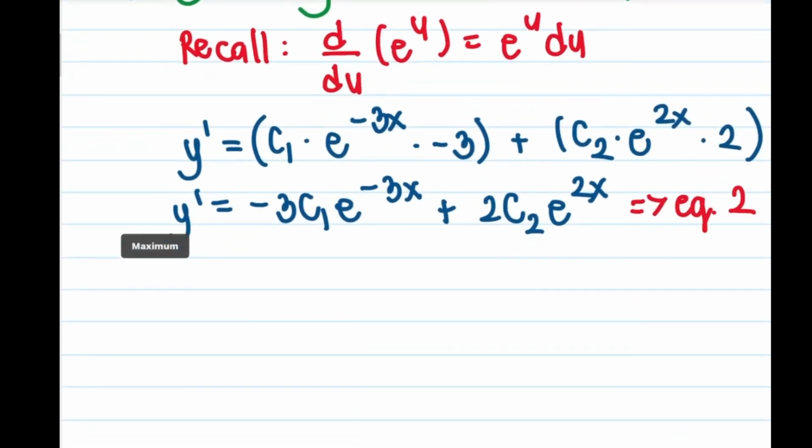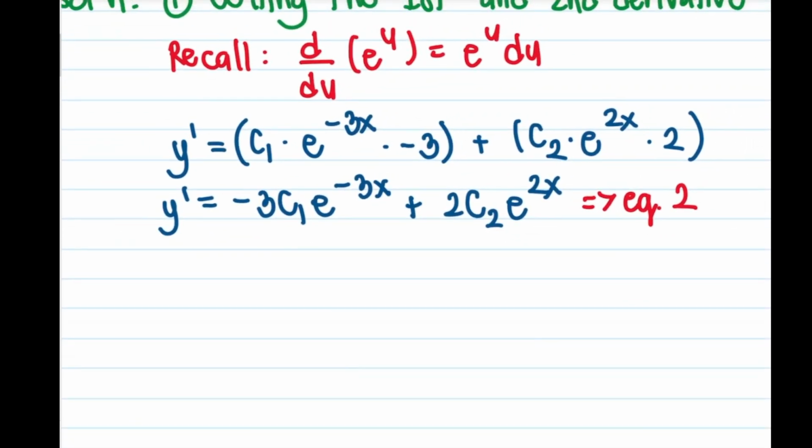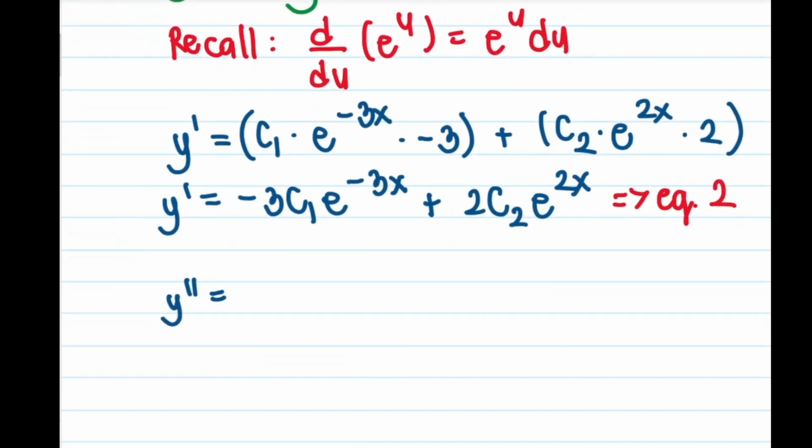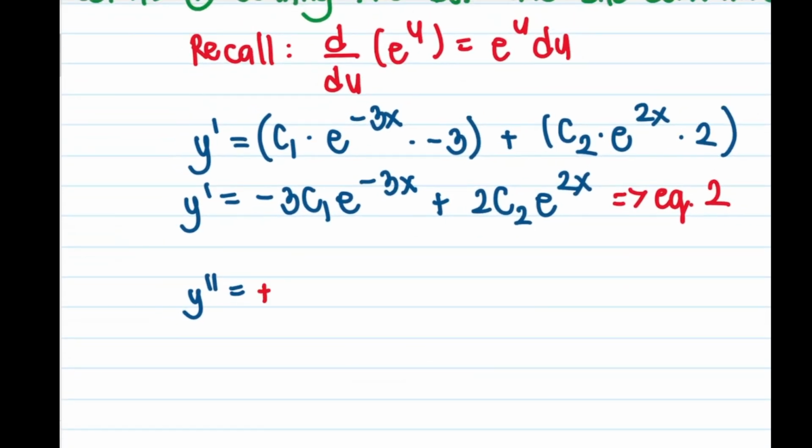So that one will be y double prime equivalent to the derivative of this equation. That one will be positive, oops, wrong color of pen. So that one will be positive 9c1 e raised to negative 3x plus 4c2 e raised to 2x. Okay, so that one will be your equation 3.